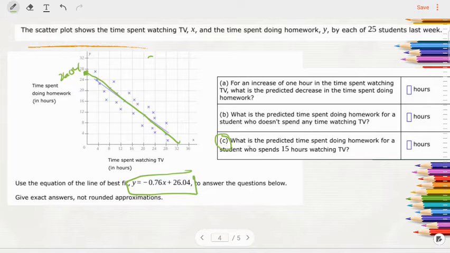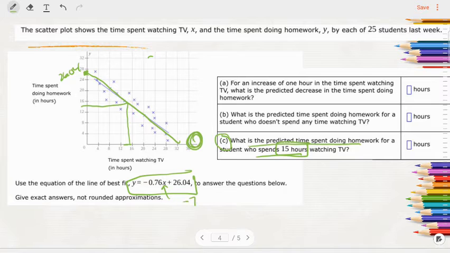So on this problem, it says, what is the predicted time spent doing homework for a student who spends 15 hours watching TV? Well, I could estimate, but I really don't know where along this line it is, and I'm not really sure how high that is. So what I do is 15 hours stands for the X, 15 hours of TV. So in my equation, I'm going to take this X out and replace it.